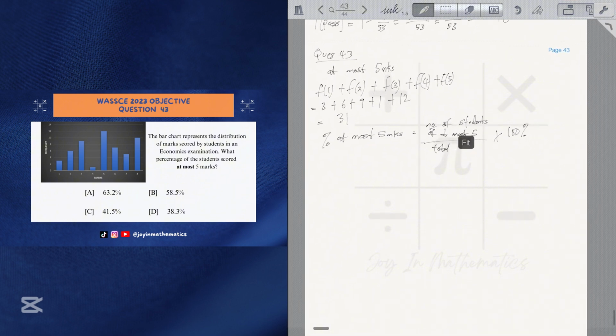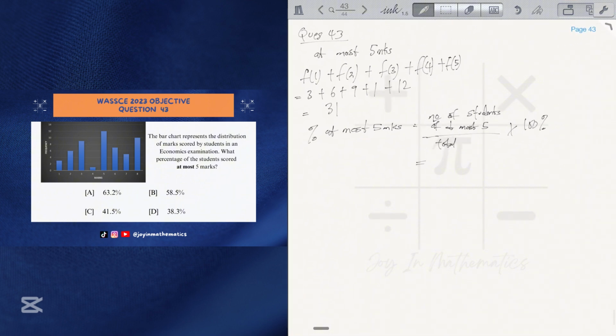The number of students with at most 5 marks is equal to 31 students. The total number of students is equal to 53. We multiply this by 100%, so we have 31 divided by 53 multiplied by 100%.